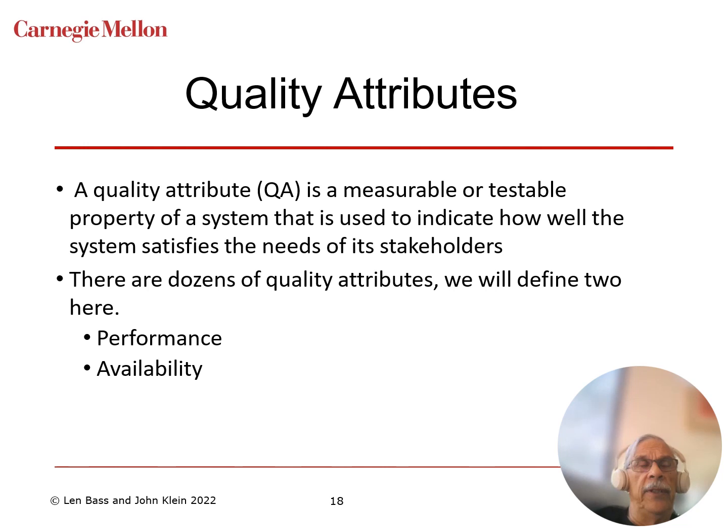There's a standard, and the last time I looked at it, there were 24 different quality attributes, and you can generate a quality attribute by putting "ility" at the end. So performance is one that doesn't have an "ility" at the end. Availability is one that does have an "ility" on the end. Scalability, interoperability, you can go on and on.